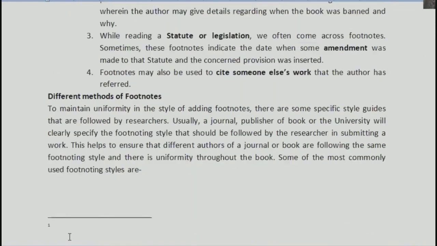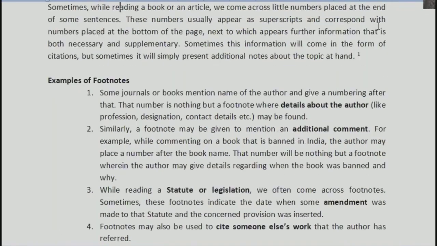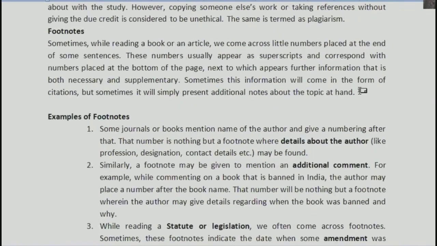When I click here, see, immediately it comes as number 1. Here I can write the book name and the name of the author also. So this is nothing but a footnote. I give additional information, and when we see here, this is 1. It is superscript, right? That means this 1 will represent another book. So this is nothing but a footnote.